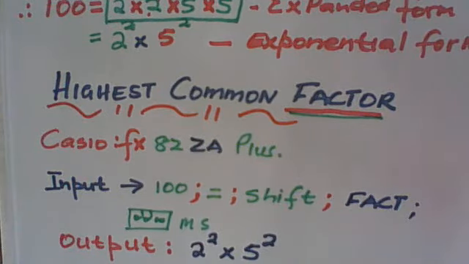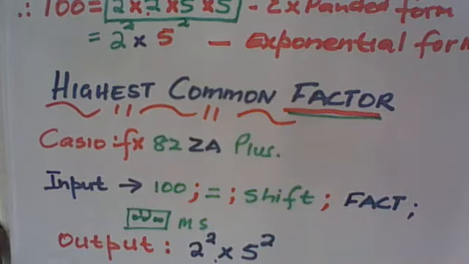Now guys, cheat if you can, but be smart. If they say don't use a calculator, use it, but they must never see your trace or your trails. So you put in the 100, then equal sign, shift, and then fact. Then you'll get this.